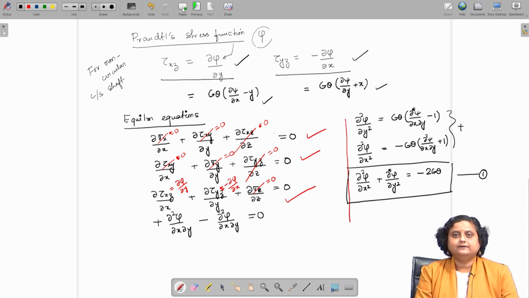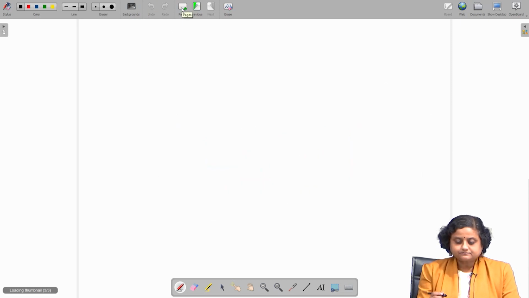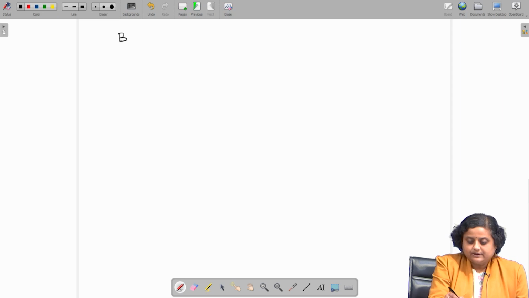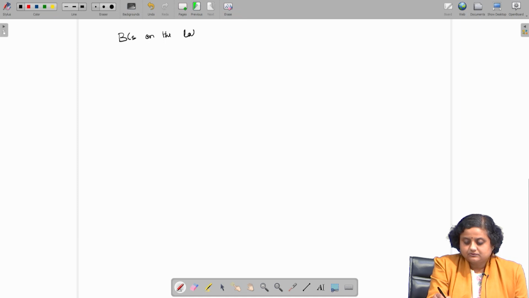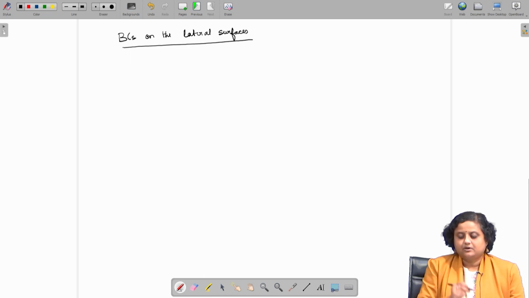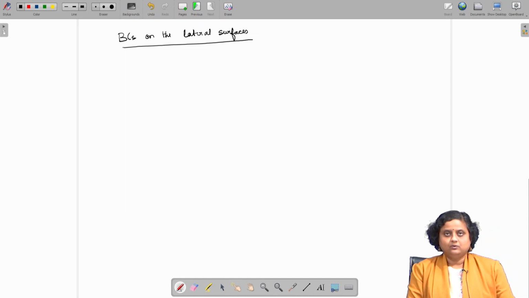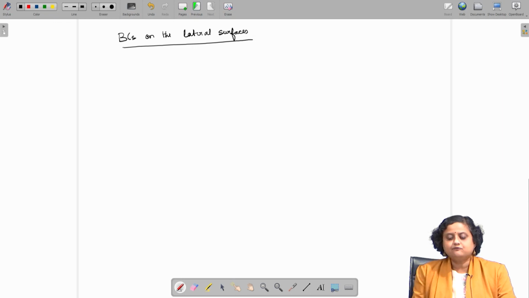Let us see whether the Prandtl stress function satisfies the boundary condition on the lateral surfaces. So, let us check the boundary conditions on the lateral surfaces. As we know, similar to the torsion of circular shaft, for the non-circular cross section shaft also, the lateral surfaces are force free.